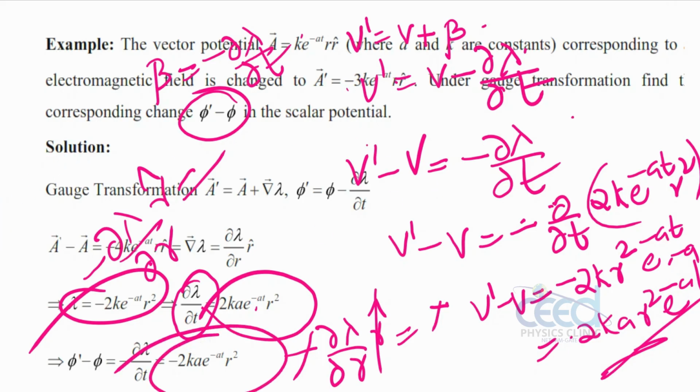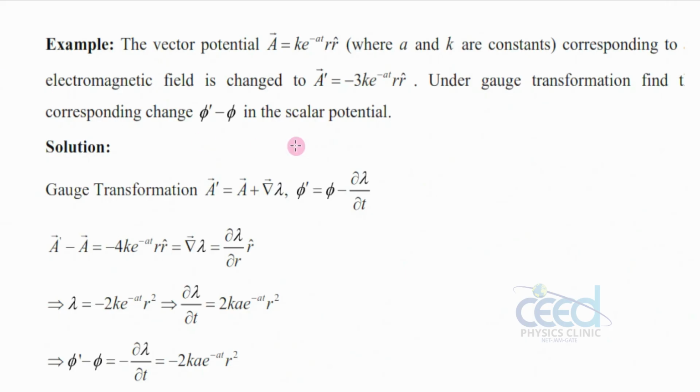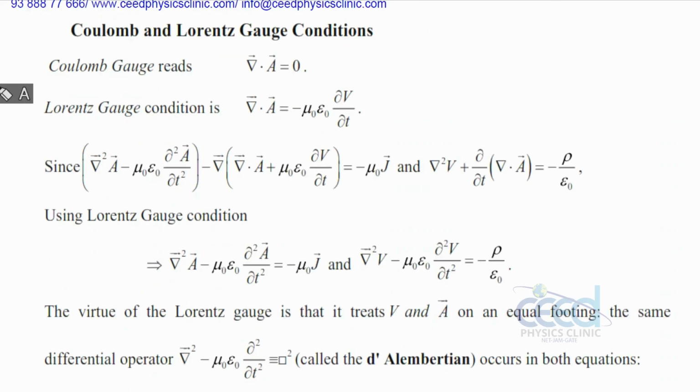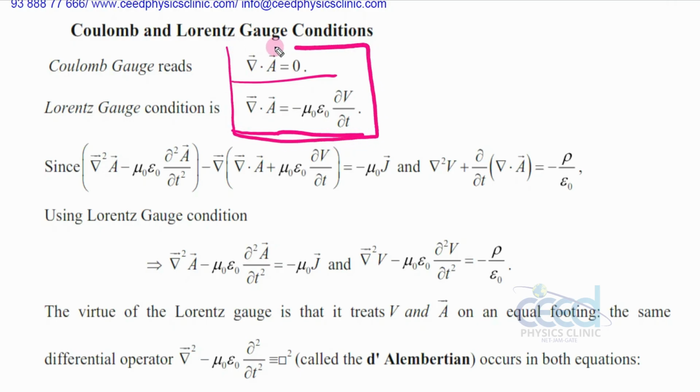All right. Now let us go to, so we have seen Coulomb's gauge is ∇·A = 0 and Lorentz gauge condition is ∇·A is equal to minus μ0 ε0 ∂V/∂t. Both we discussed in the previous class, right?